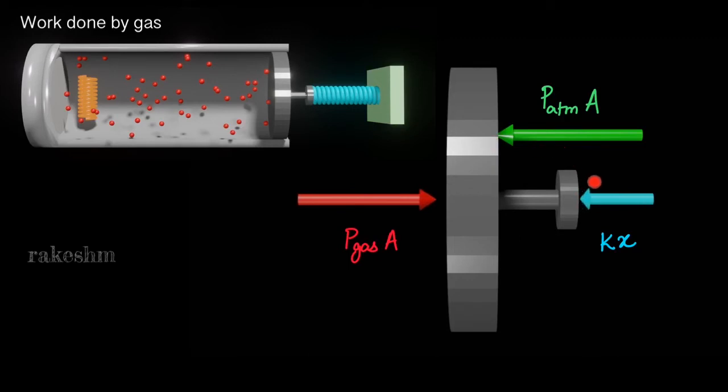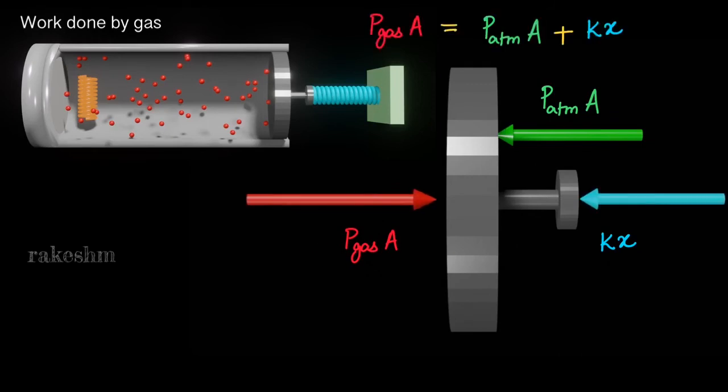Now, as both these forces must be balanced by the gas, we see that with time, the force due to the gas pressure on the piston is also increasing in the opposite direction. So all these three forces must be balanced at all times. We can write force due to gas equals force due to atmospheric pressure plus the spring force.